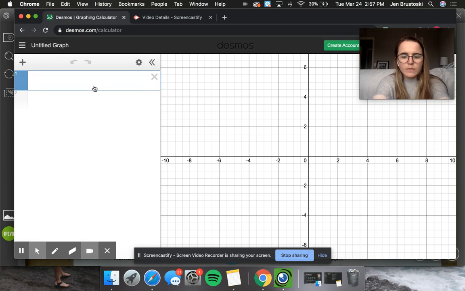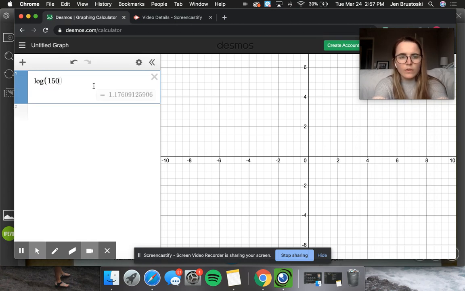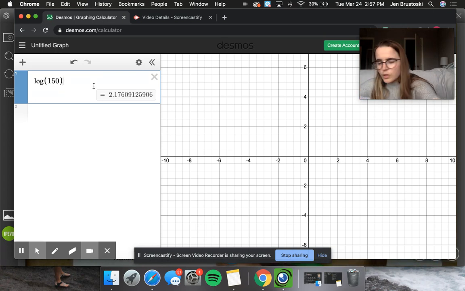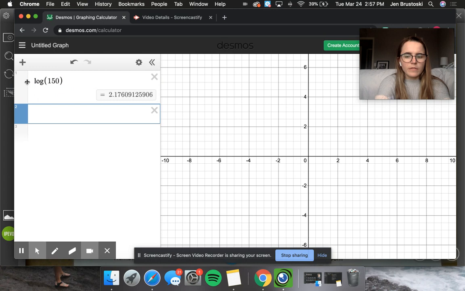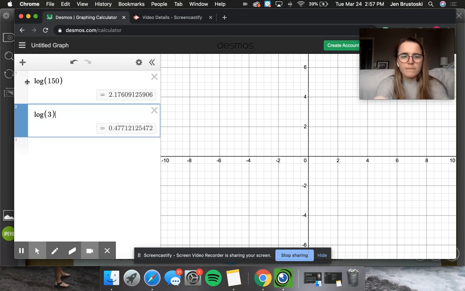Running through them. So we've got log of 150 is 2.176. We'll round to the nearest thousandth. Then we've got log of 3 is 0.477.